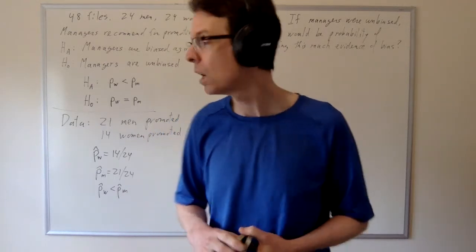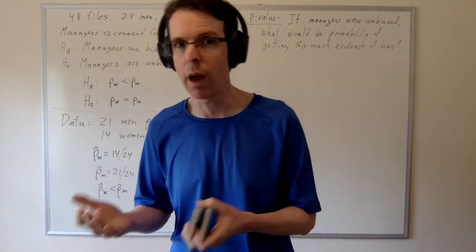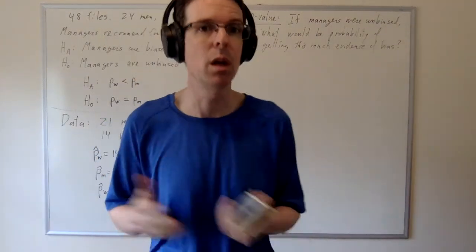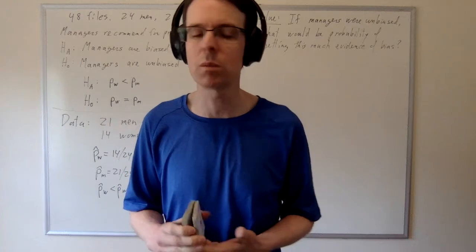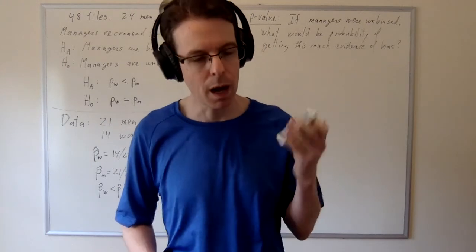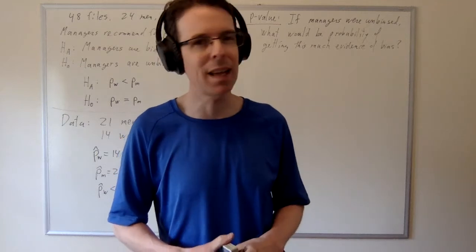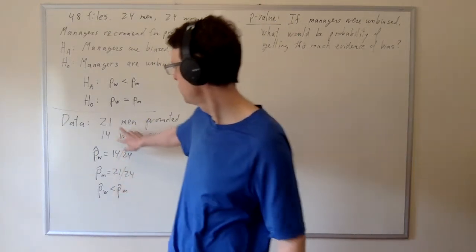It seems less likely that I would produce results like 21 and 14, or even more skewed, like 22 and 13, 23 and 12, right? It seems less likely.